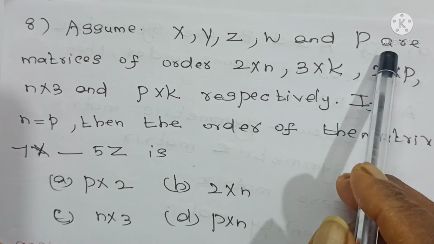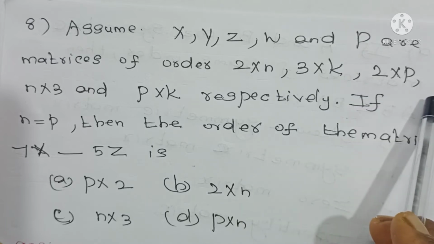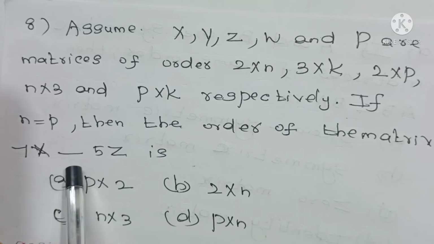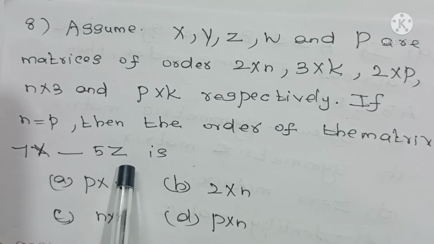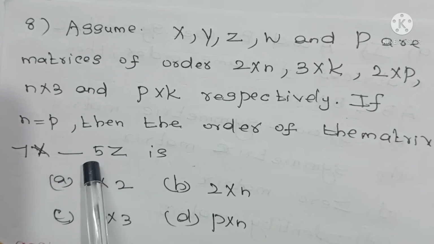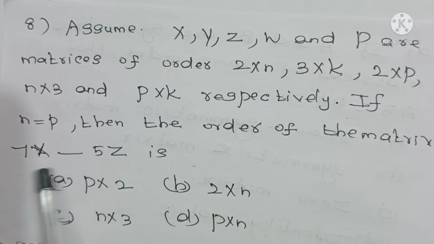If n is equal to p, then what is the order of 7x minus 5z? You have to find the order of 7x, then the order of 5z, then you can write the order of 7x minus 5z.